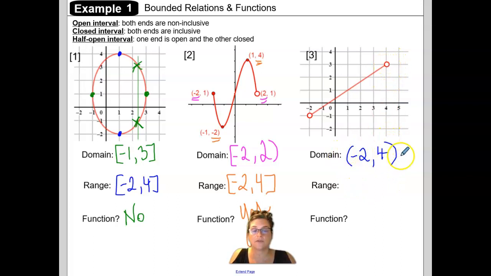Okay, this sets a parentheses on either side. That means that this is an open interval. Both ends are non-inclusive.